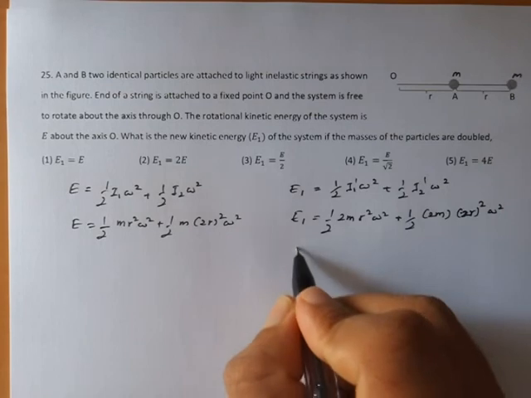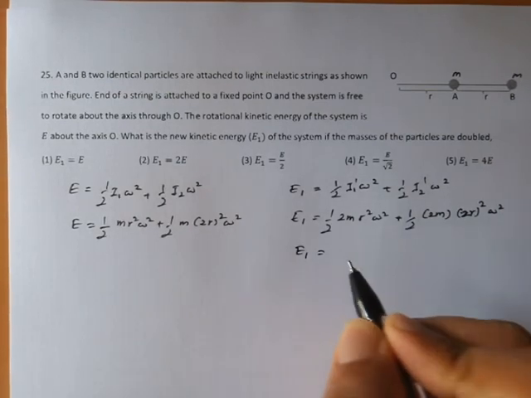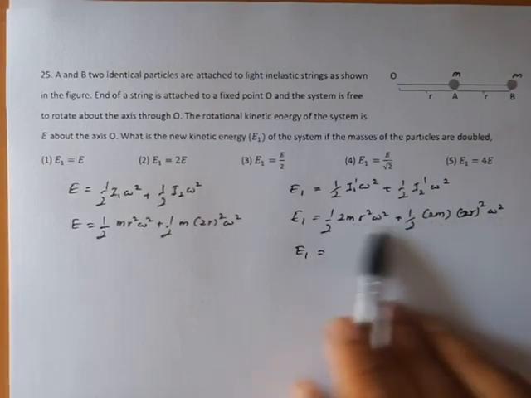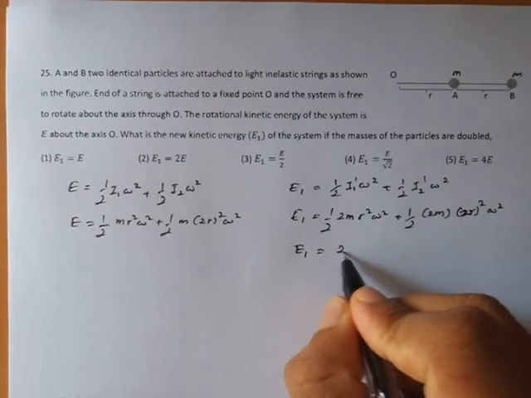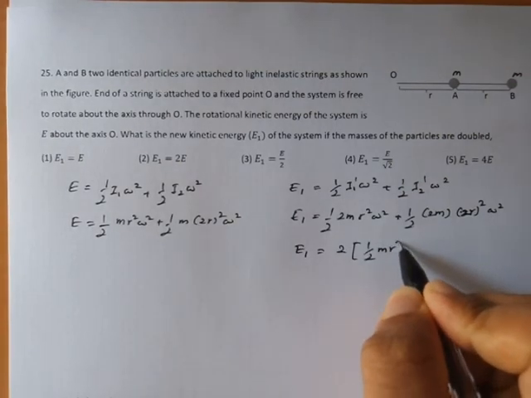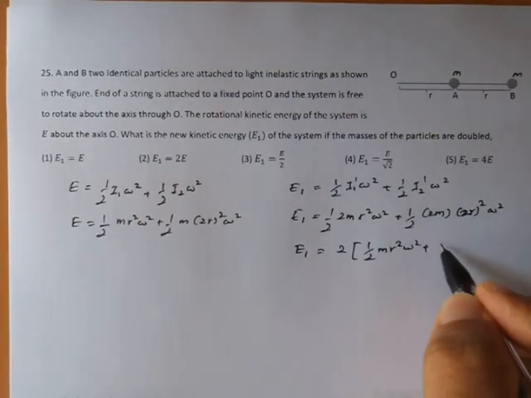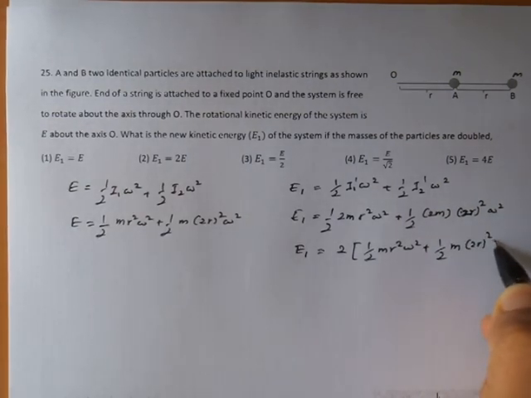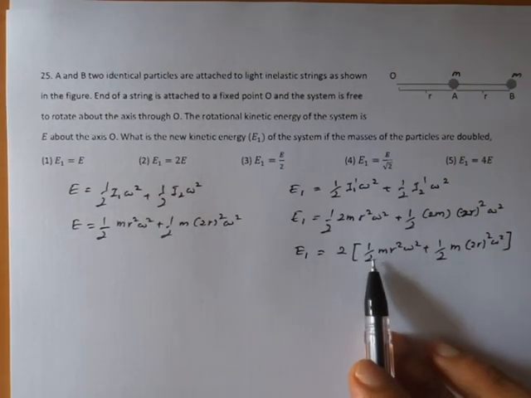If I take this E1 and take 2 out from each term, I get half m r squared omega squared plus half m 2r squared omega squared.